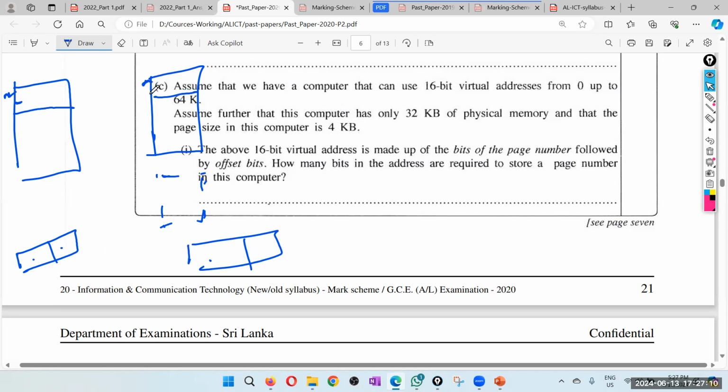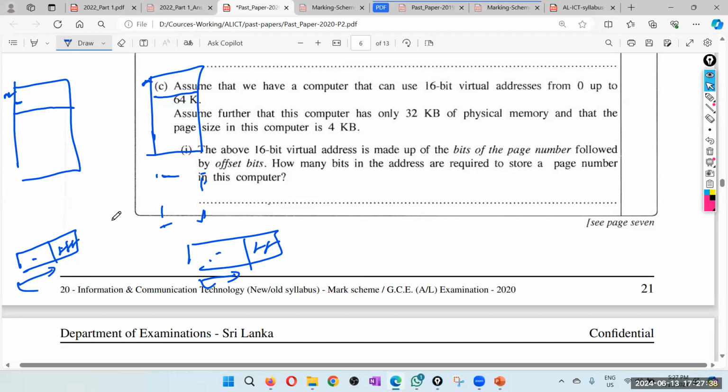Which address of this particular frame? If it is the 10th address of the page, it is going to be the 10th address of the frame, because page and frame sizes are the same. So this part is going to be the same, but this and this are going to be different. This is a wider one, this is a shorter one, because you have fewer frames than pages.